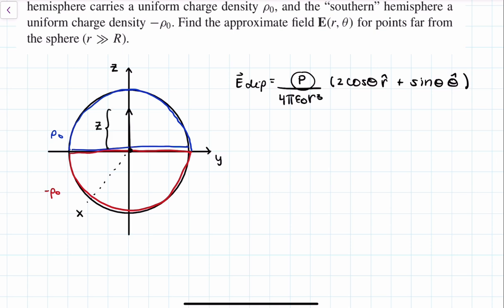This is a length z, but we have to go through the whole sphere, so there will be at some point an angle theta, and then it is going around the whole sphere, so phi goes from 0 to 2 pi. And let's remember this sphere has a radius of R.